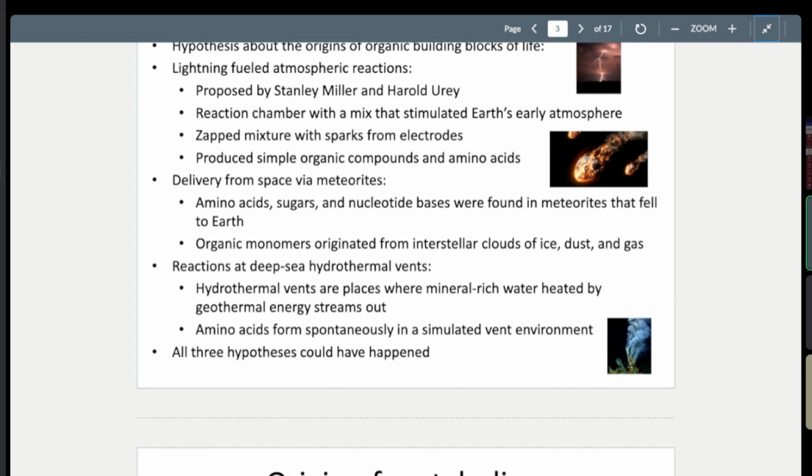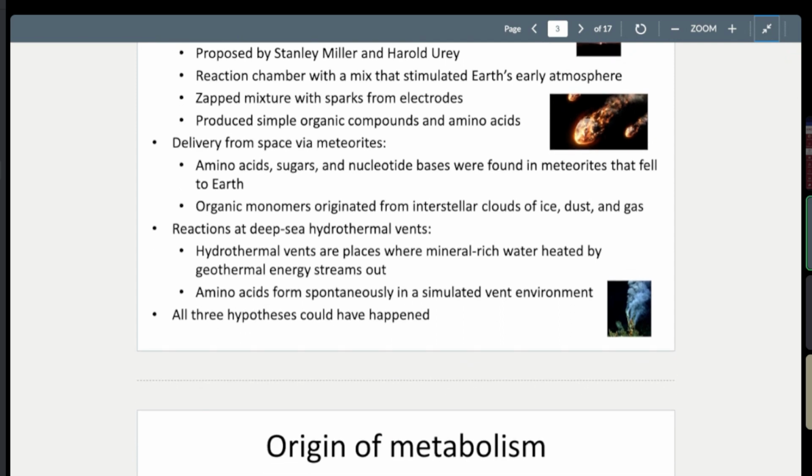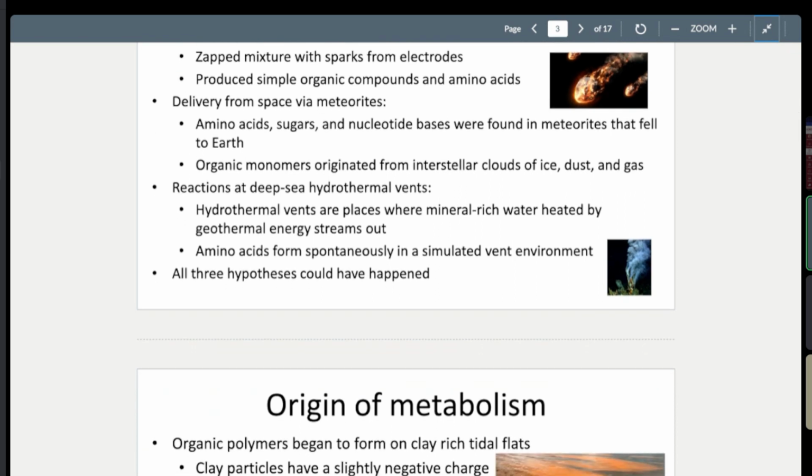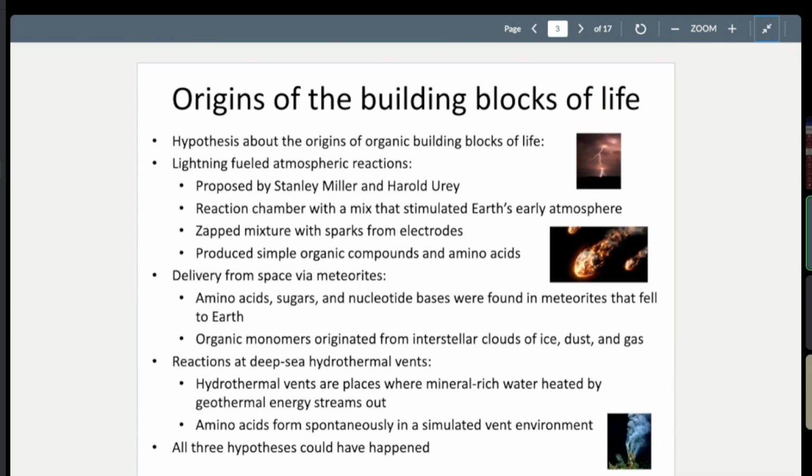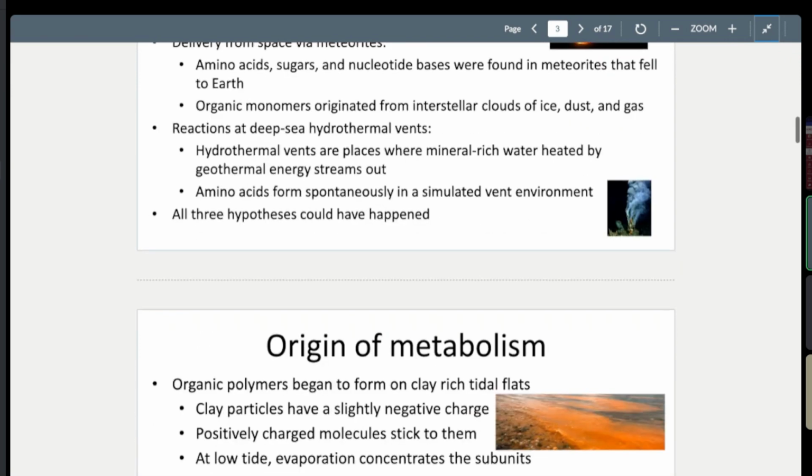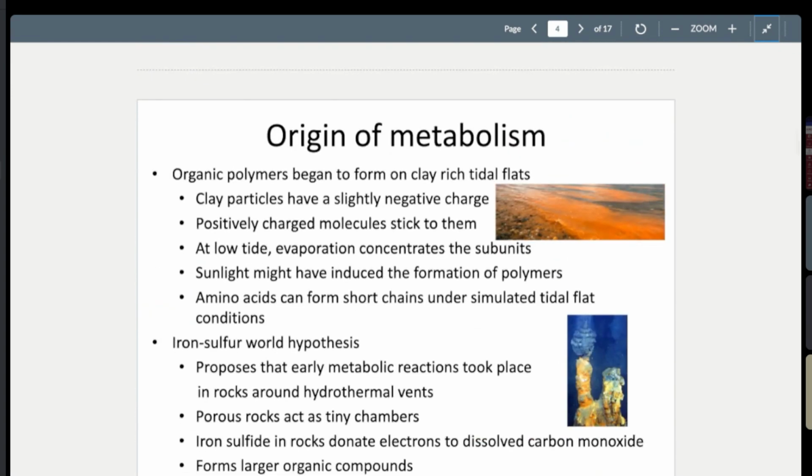And then you have reactions at deep-sea hydrothermal vents, places where mineral-rich water is heated by geothermal energy. Amino acids form spontaneously in a simulated vent environment. So these are your three: lightning, meteorites, and hydrothermal vents. That is probably the one thing you really got to remember.